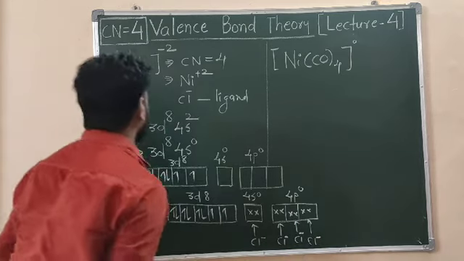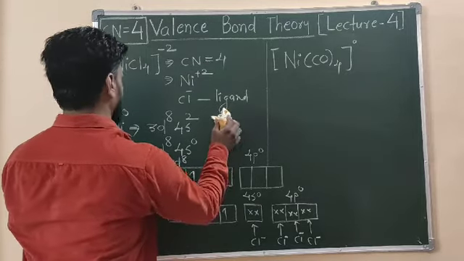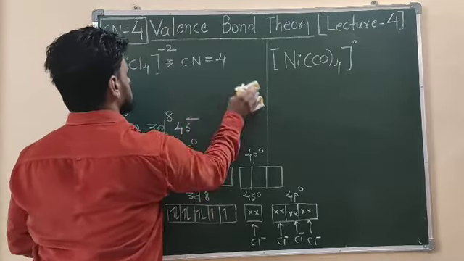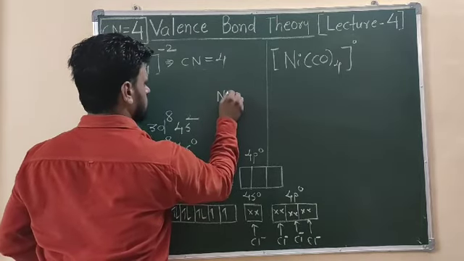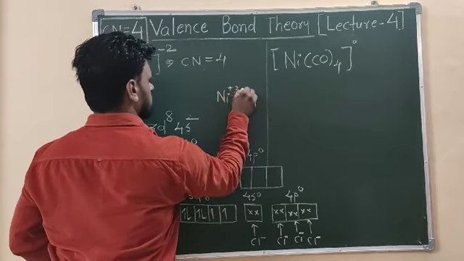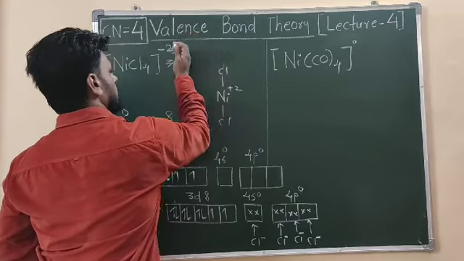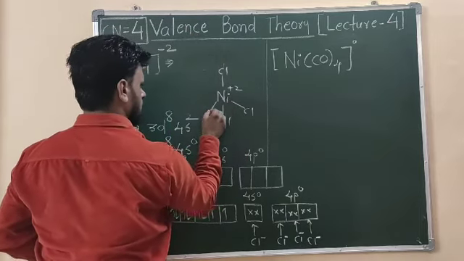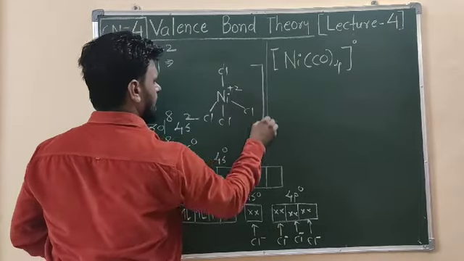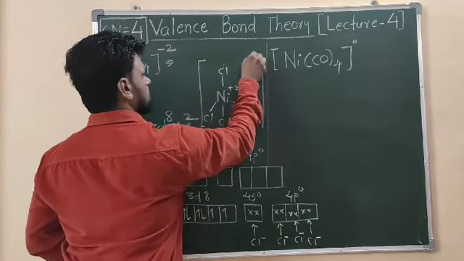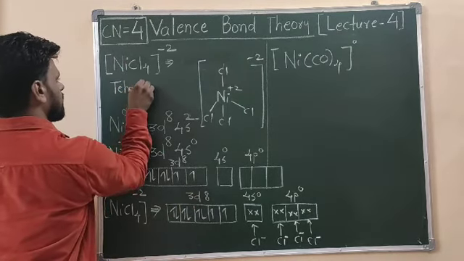If I write down the structure of the complex, it will be tetrahedral in nature. We have a nickel +2 ion with Cl here, Cl here, and Cl here, and the complex has a -2 charge. This is tetrahedral in nature.